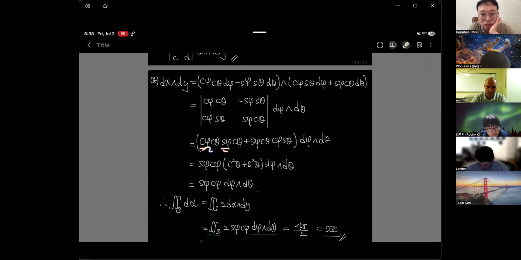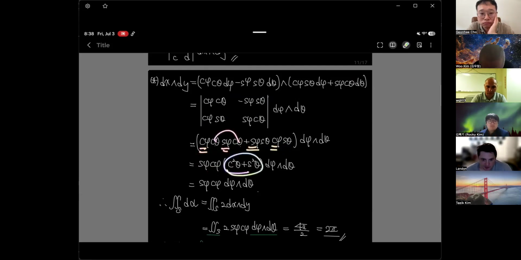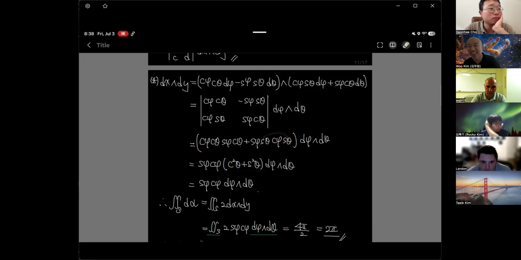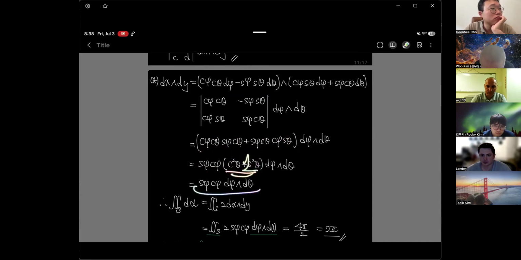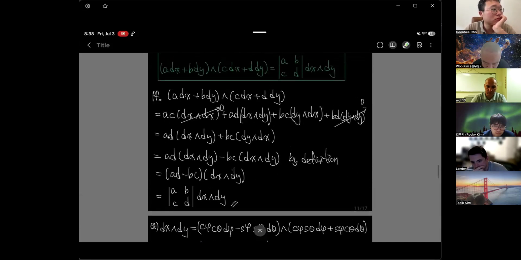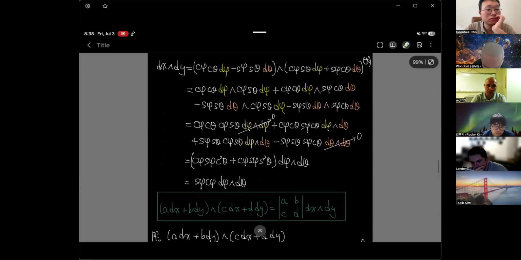The others, cosine squared theta and sine squared theta, sum to 1. So we have this result. As you see, it's way simpler.